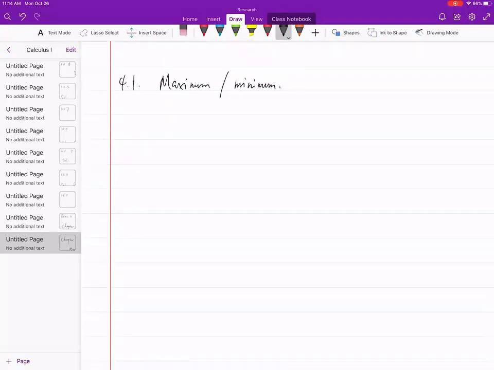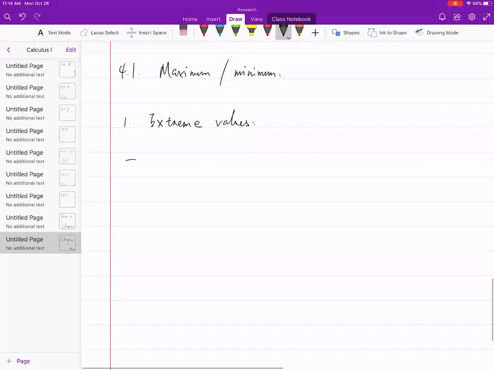Okay. Number one, we want to define what we mean by maximum and minimum. We call them extreme values. Certainly you have 2 types. Now here is the careful mathematical definition.